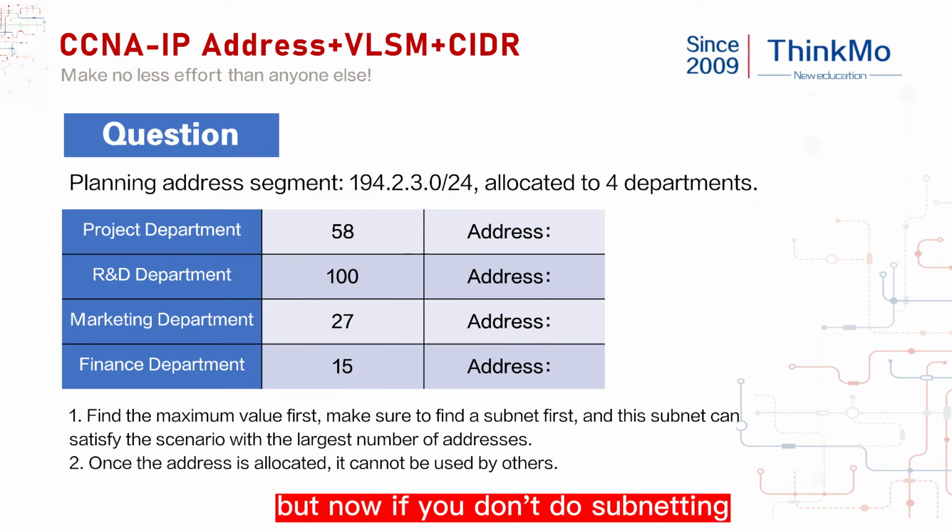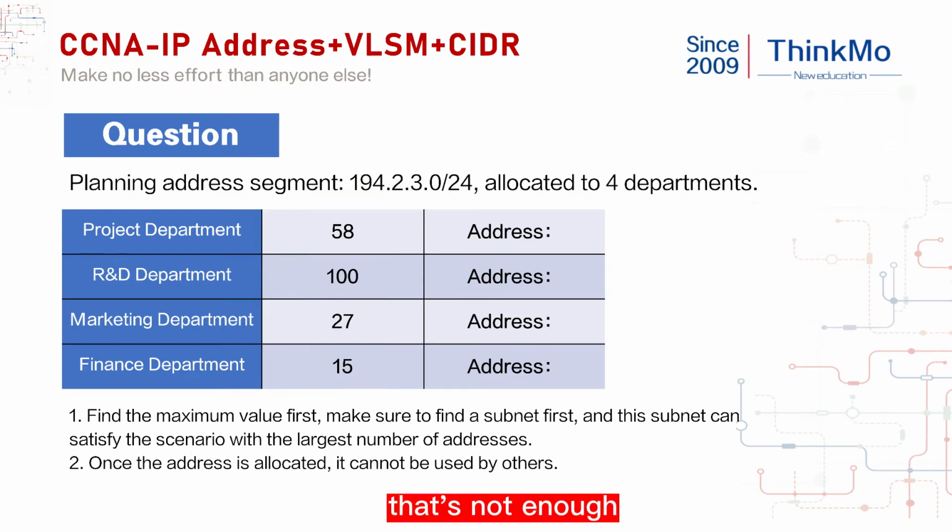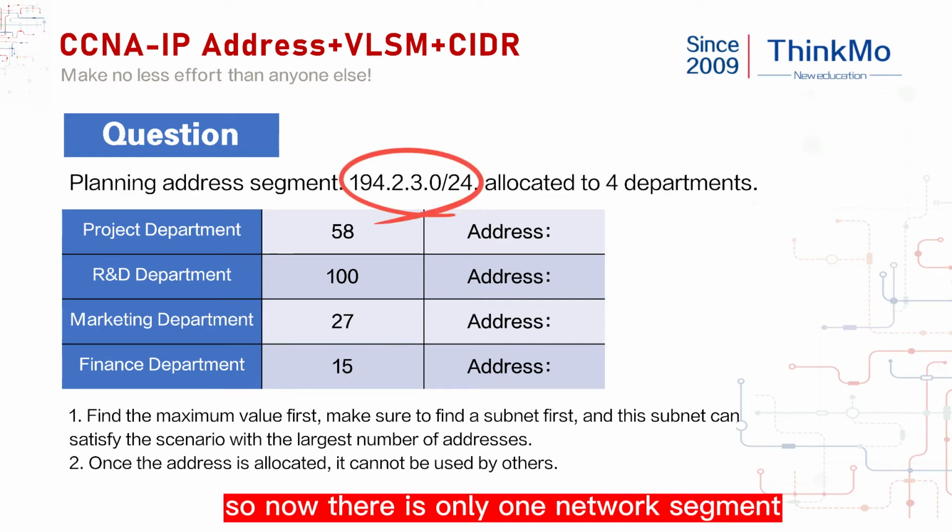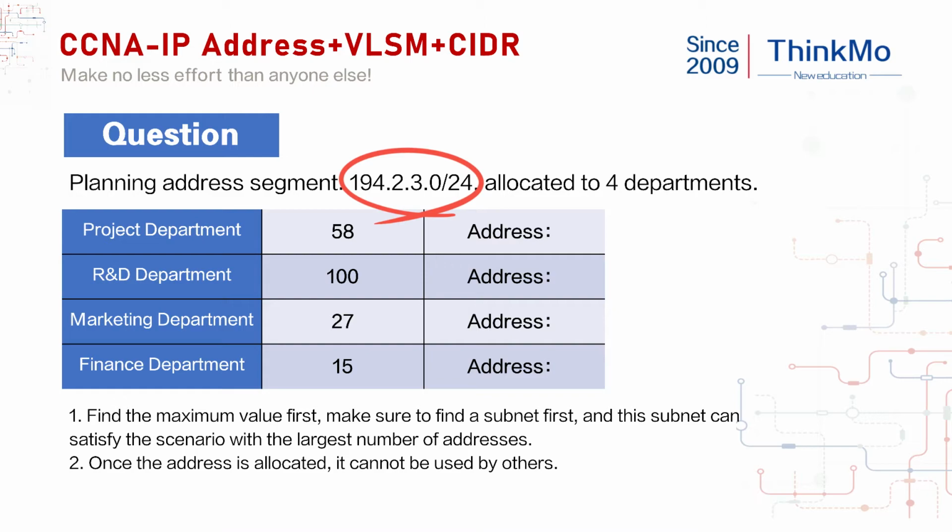But now if you don't do subnetting, that's not enough, because I want them to be on different network segments. If you don't subnet, by default these 254 addresses must be in one network segment. So now there is only one network segment: 254 addresses, 24-bit mask.